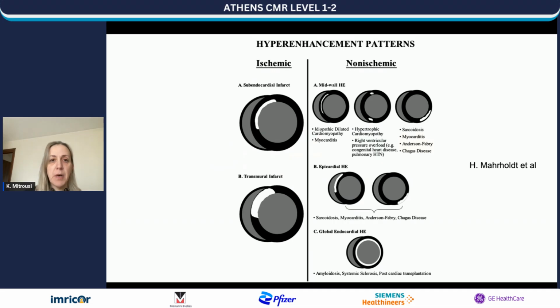And speaking about hyperenhancement patterns, on the left-hand side, we see the ischemic pattern, which follows coronary distribution with subendocardial and transmural territories, and the non-ischemic hyperenhancement pattern, where it might be midwall fibrosis or epicardial fibrosis.